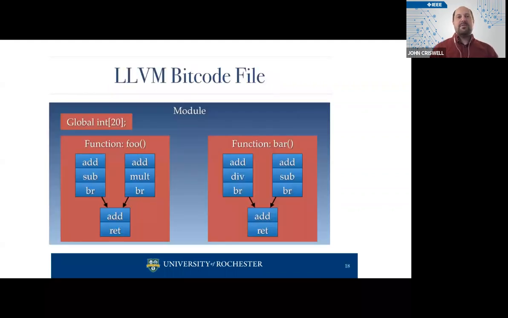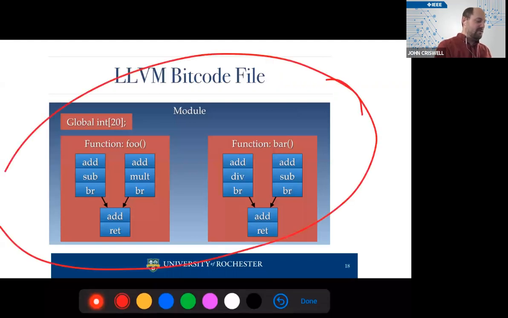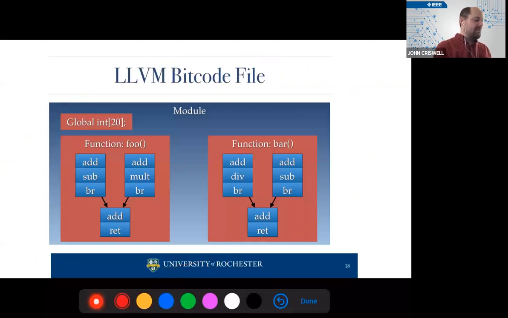And so here's a picture, for those of you that are like me, a little bit more graphically oriented. We have a module. So this whole thing here is a module. Our module has a global variable. Since my slide isn't all that big, I've only got one global variable, but obviously programs can have many global variables. We have two functions, foo and bar, and each function has three basic blocks. Each one of these is a basic block.